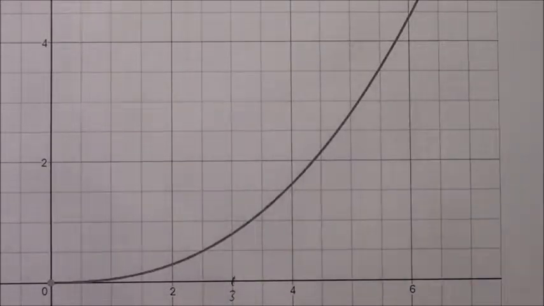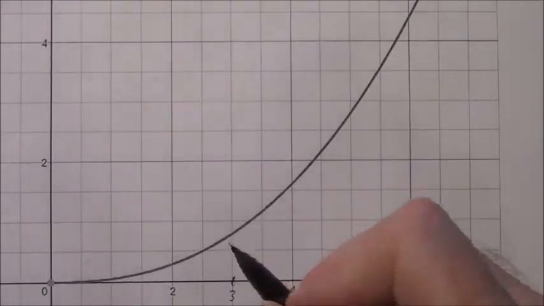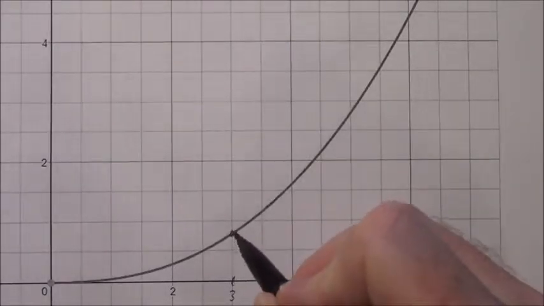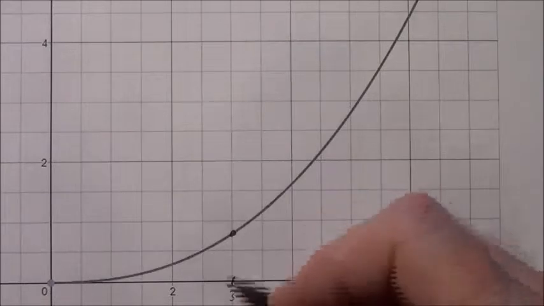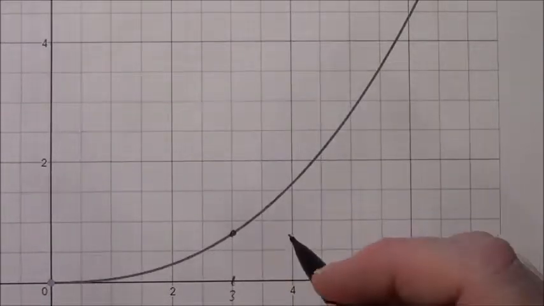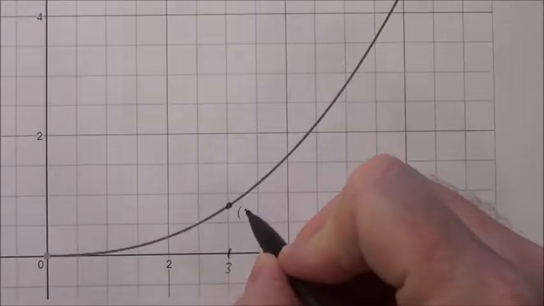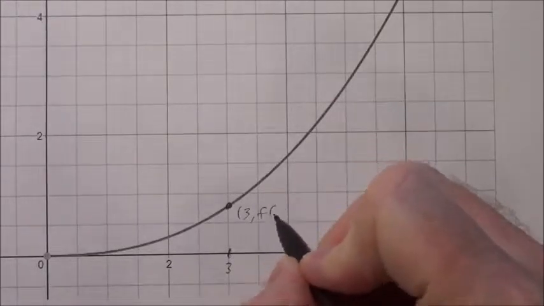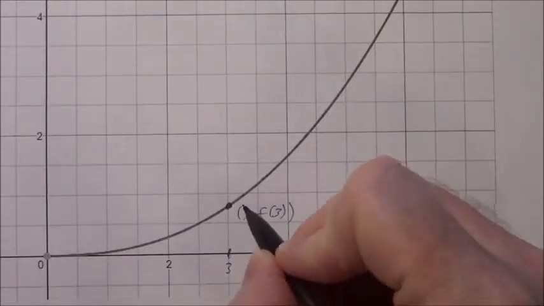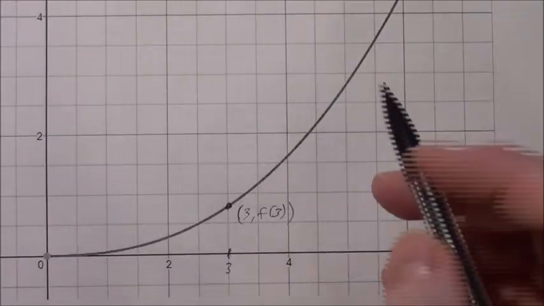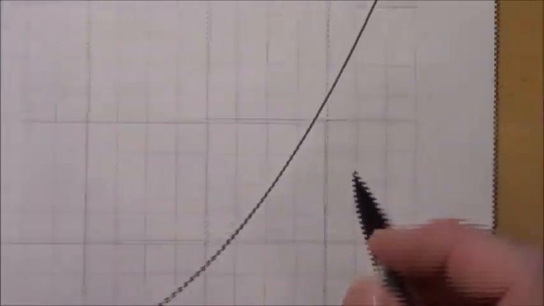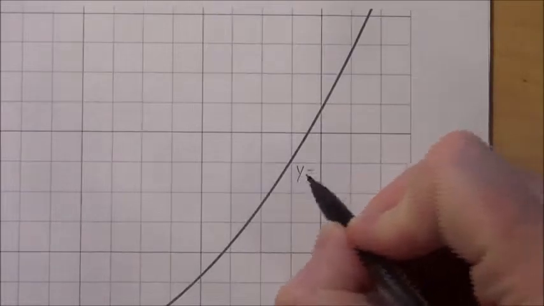I just drew a curve, and so this point right there, because that's x equals 3, is actually (3, f(3)). So this function is y equals f(x). I'll just label this up here, y equals f(x).